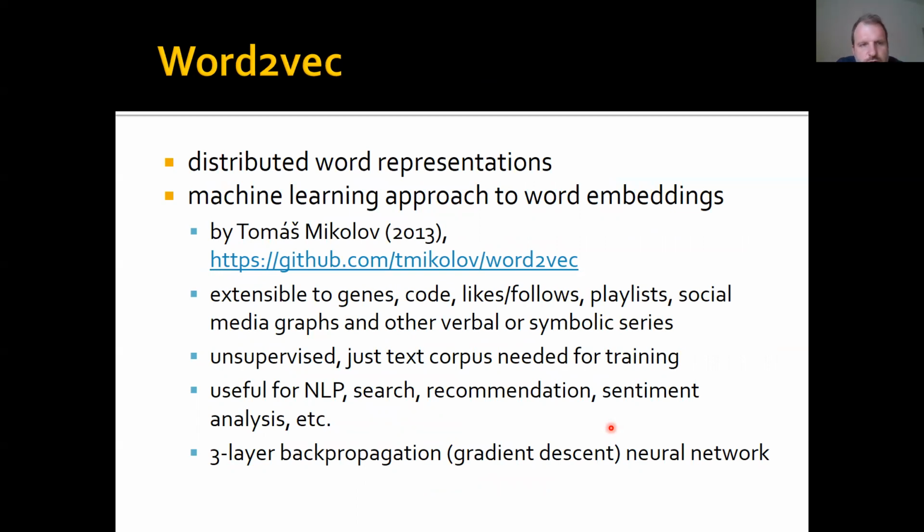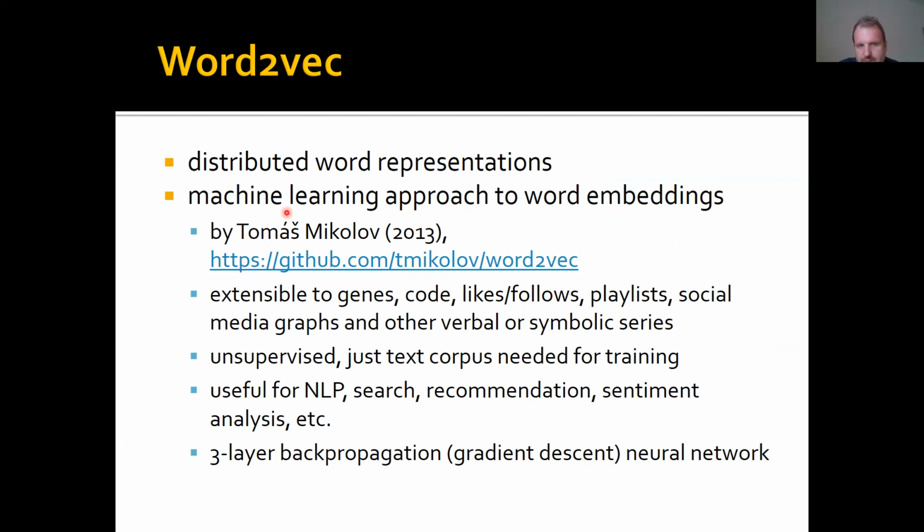Okay, so that was LSI, and the last what we have here is word2vec, and word2vec is also about vectors, but it's not a representation for whole documents, it's a representation for single words. So we take one word and create a vector of that word, or it's also called an embedding.